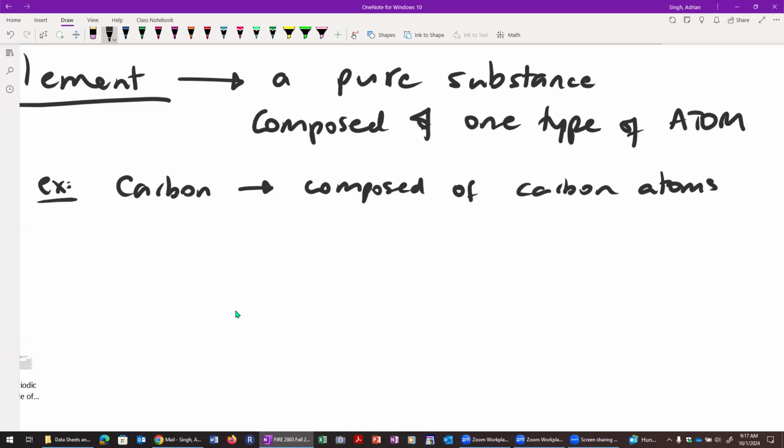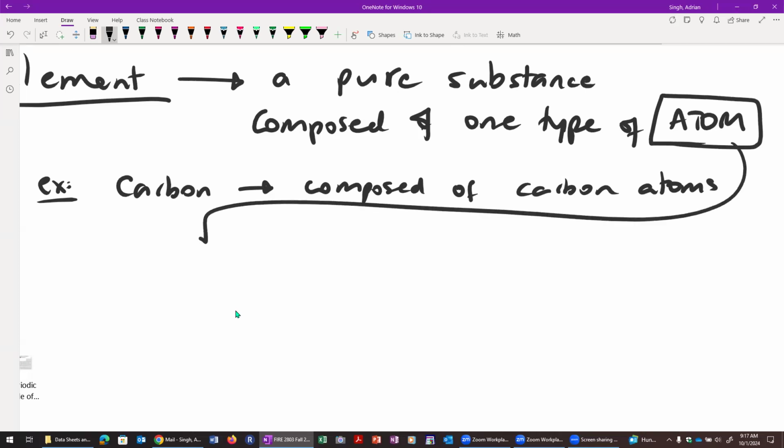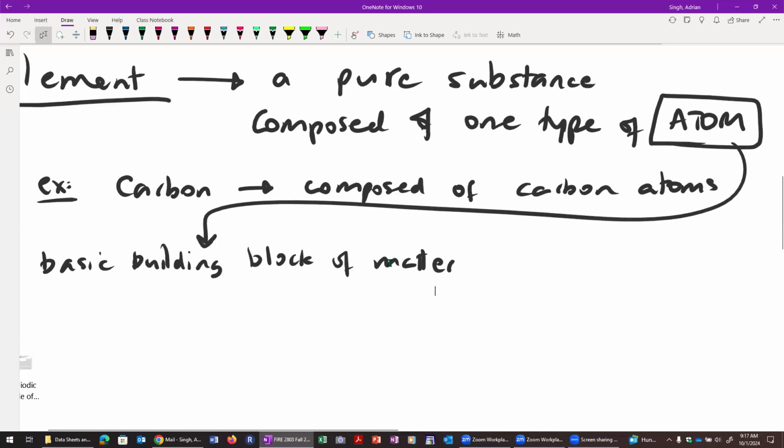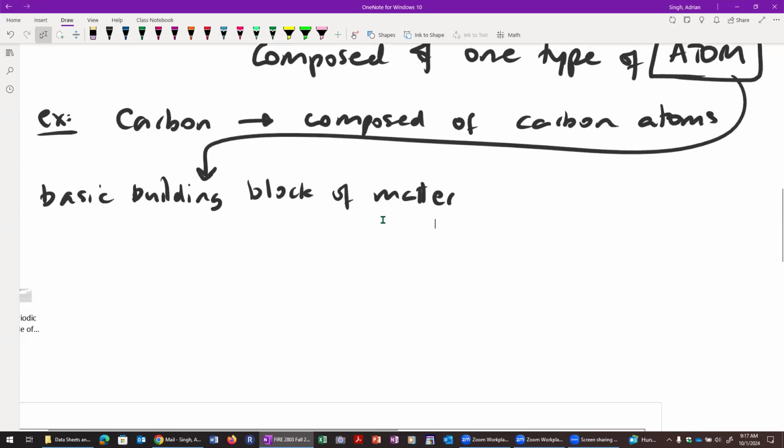Okay, and then we talked about the atom itself in the earlier sections. We know that atoms are the basic building block of matter, all matter is composed of atoms. And the atoms themselves are composed of even smaller things that we call subatomic particles.